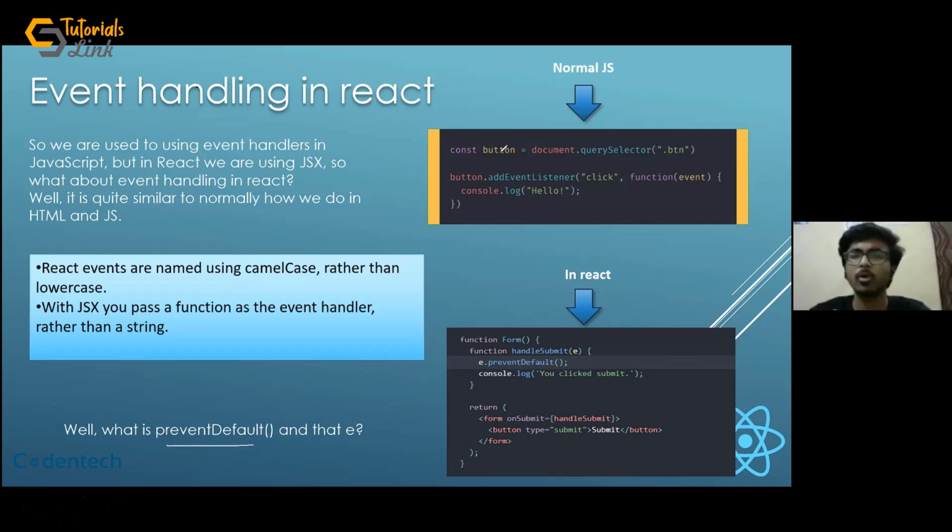So prevent default prevents that refreshing phase and keeps the website at that particular point without creating any further changes. But whatever is mentioned in the function will happen. Only the page will not get refreshed.